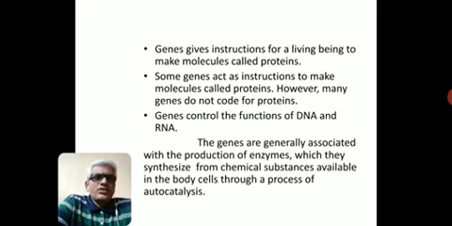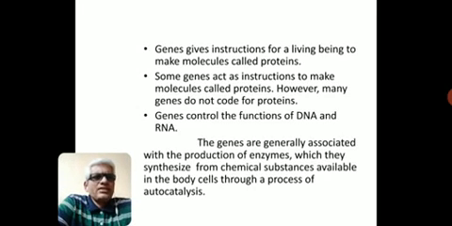Genes give instructions to make molecules called proteins. However, a few genes do not code for proteins, but they have another role in the body. Genes control the functions of DNA and RNA.